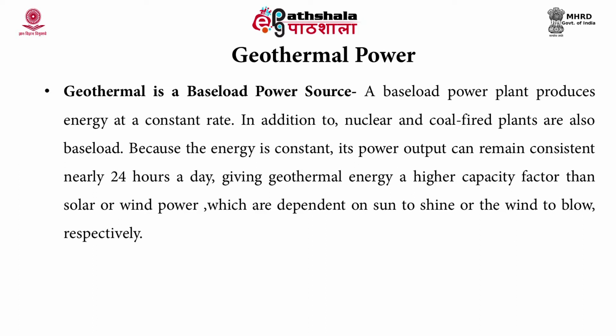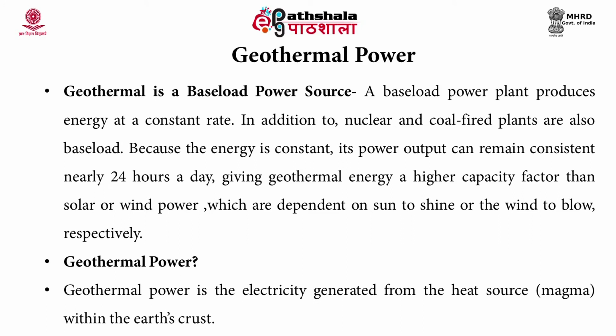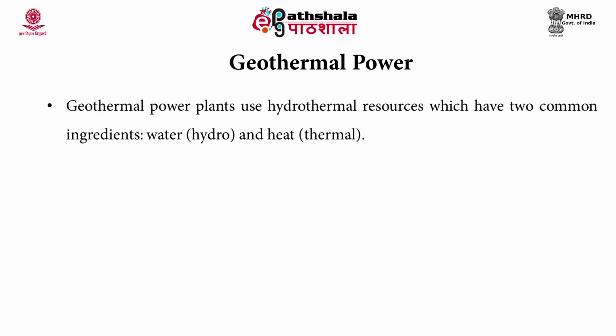Geothermal power is the electricity generated from the heat source, that is the magma within the earth's crust. Geothermal power plants use hydrothermal sources which have two common ingredients: water, that is hydro, and heat, the thermal one.